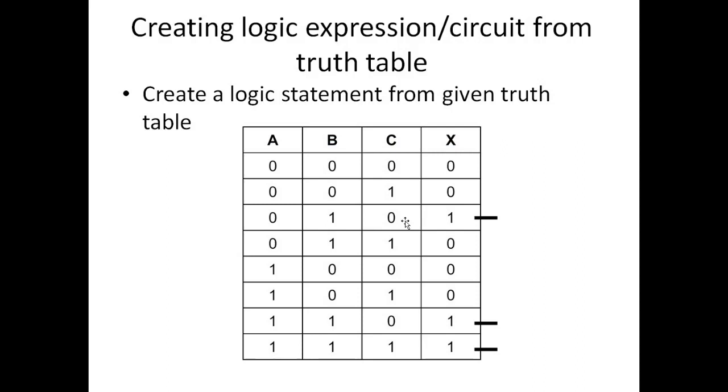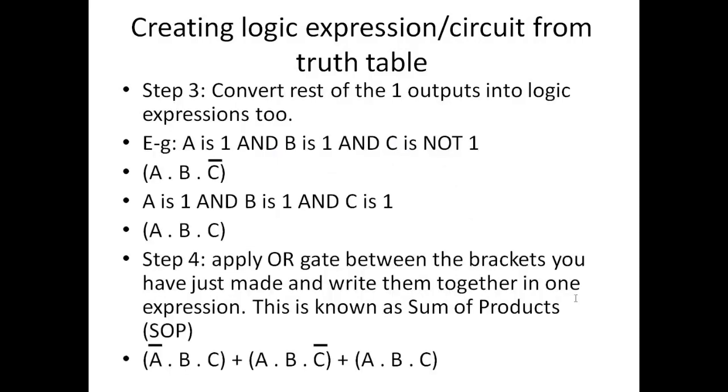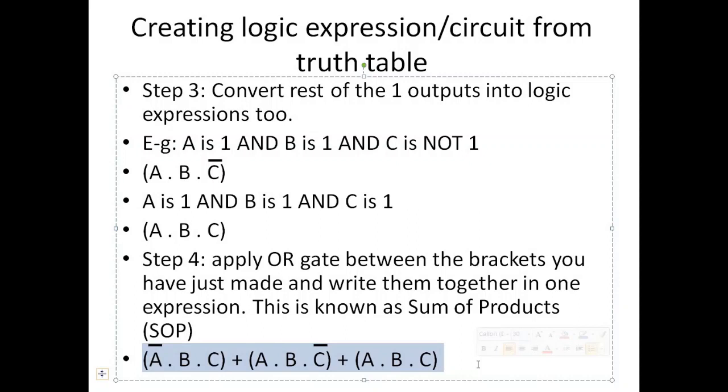Any time this combination of ABC or this combination of ABC or this combination of ABC occurs, you are going to have an output of 1. I hope you have understood it. This is known as sum of products. In Boolean algebra or Boolean terminologies, this method is known as sum of products. Just write them together and you have your logic expression.